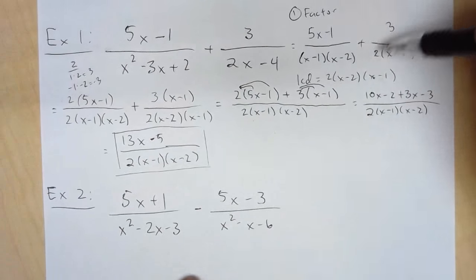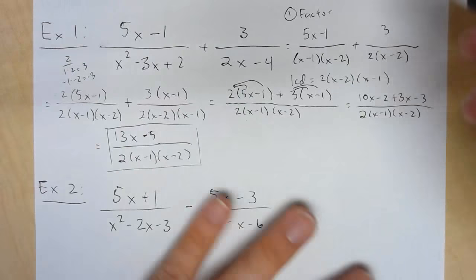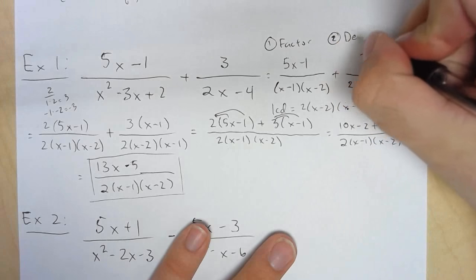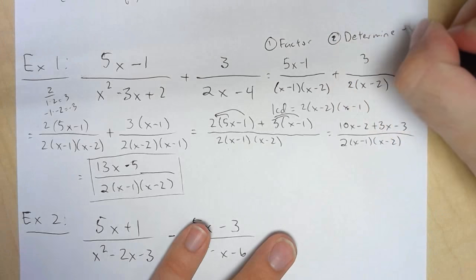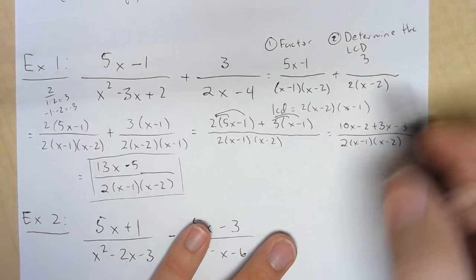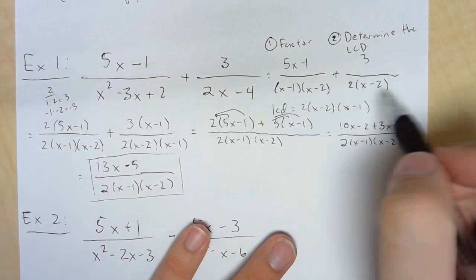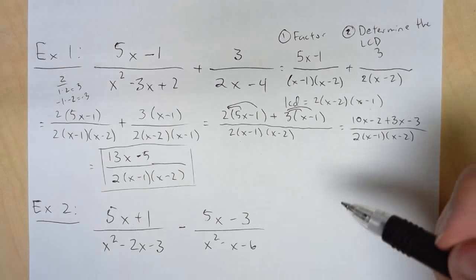Alright, so our first step is going to be factor. Our second step is going to be determine the LCD, our lowest common denominator, for both of these parts, or however many parts we have.